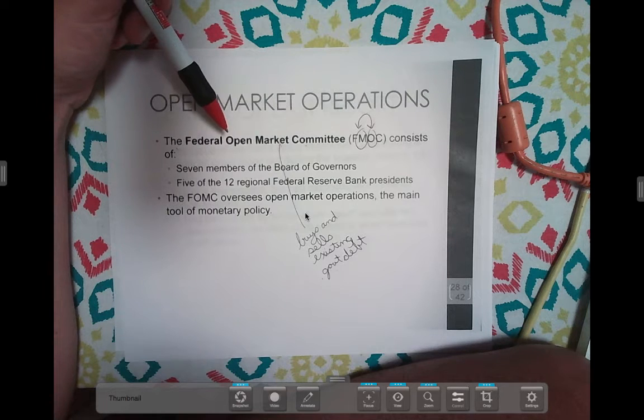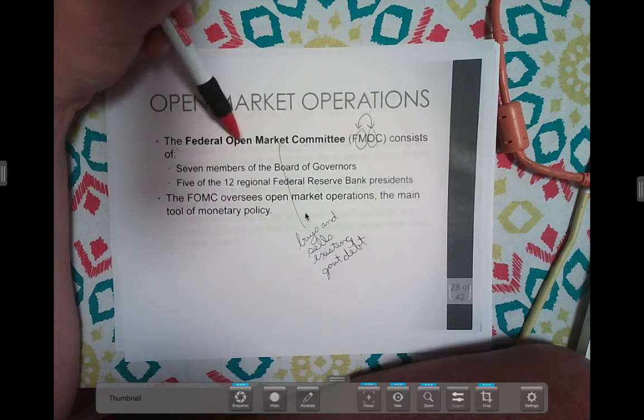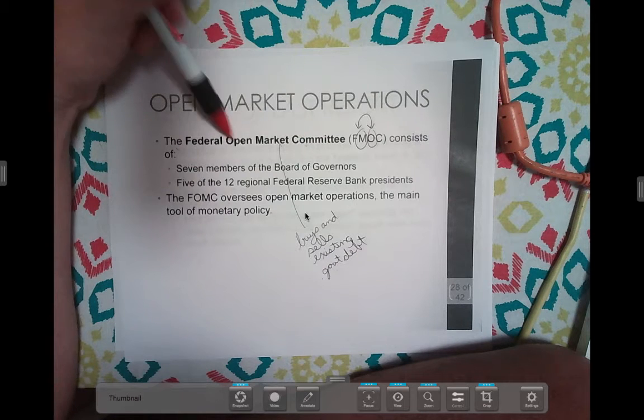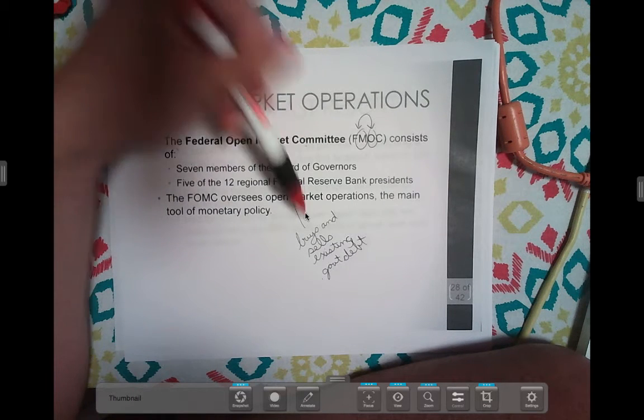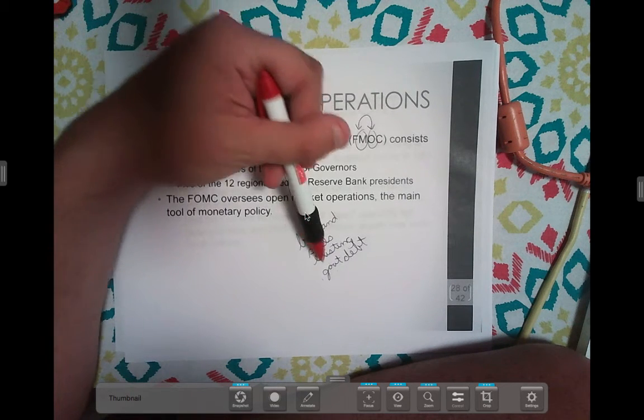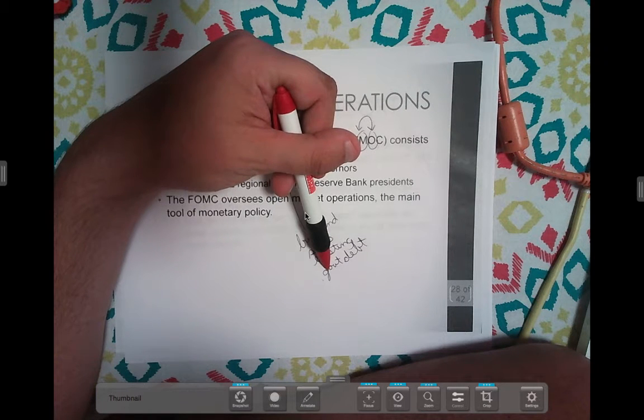So the most important committee within the Federal Reserve System is called the Federal Open Market Committee. And what this Federal Open Market Committee does, as I wrote out here, is it buys and sells existing government debt. So the central bank, the Federal Reserve, holds a lot of U.S. government debt.